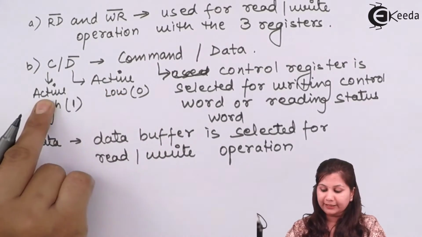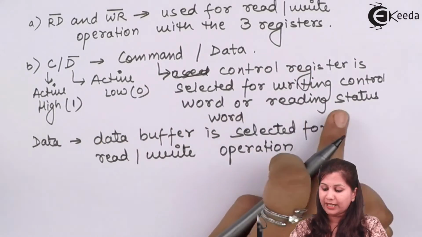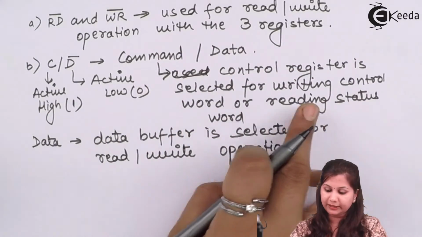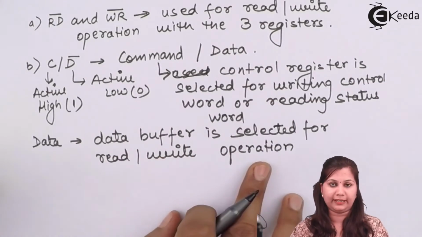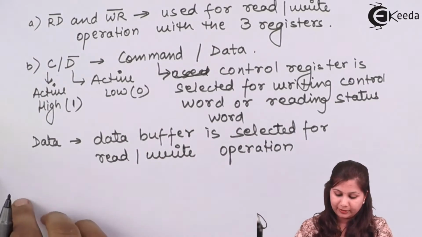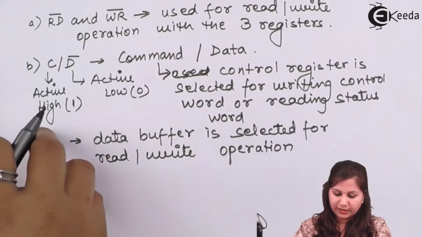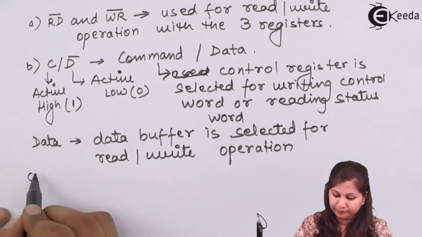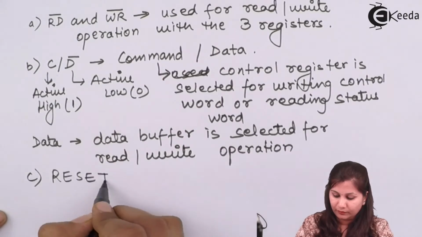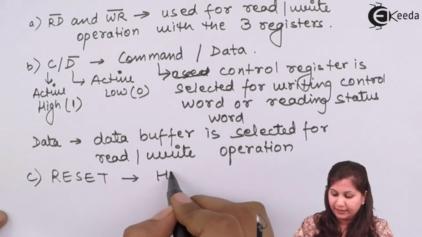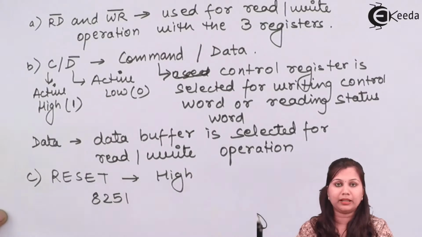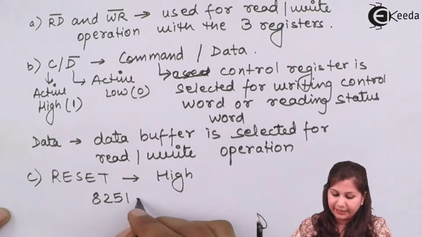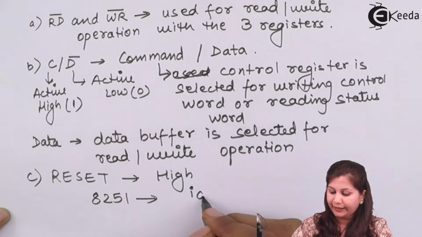When command is activated, it means control register and status register will be selected. When data is activated, then data buffer is selected. Next signal in the read write control logic is the reset signal. Now when this signal is high, the 8251 programmable communication interface enters into the idle mode.